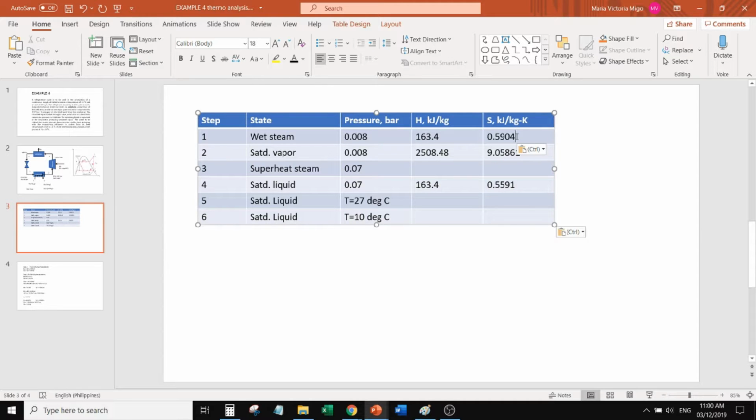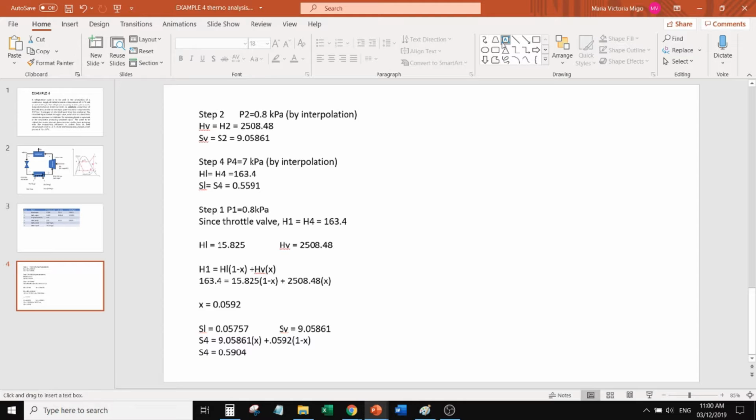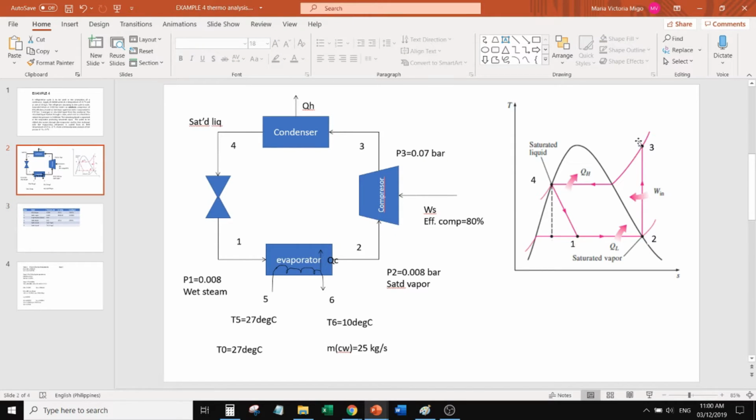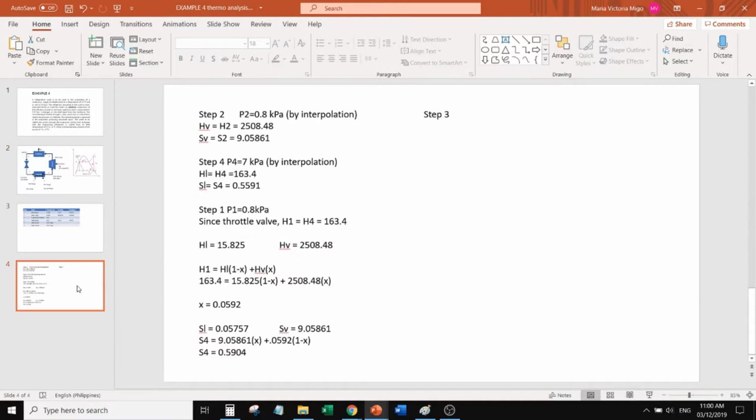Now let's move on to step 3. This is a superheated steam at this point, step 3, after exiting the compressor. What you need to do is first assume isentropic compression.